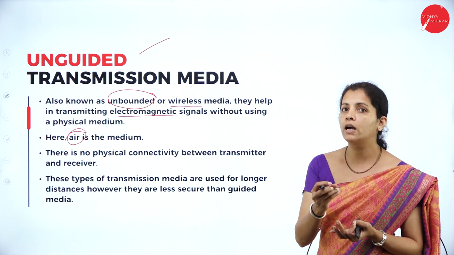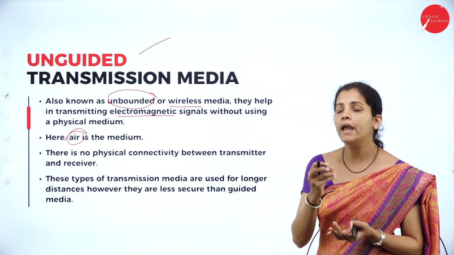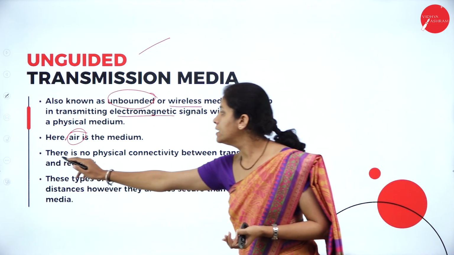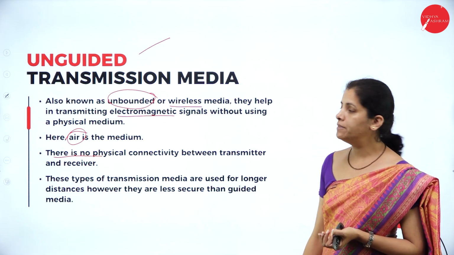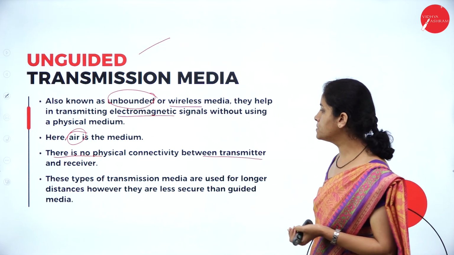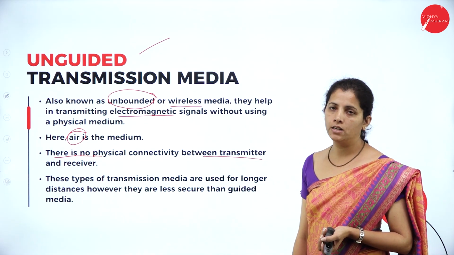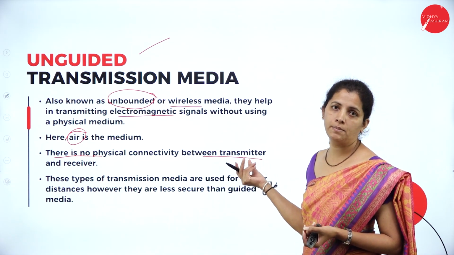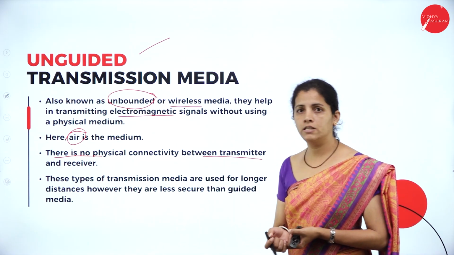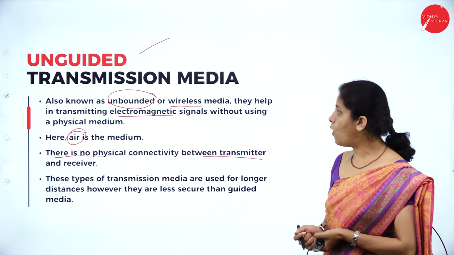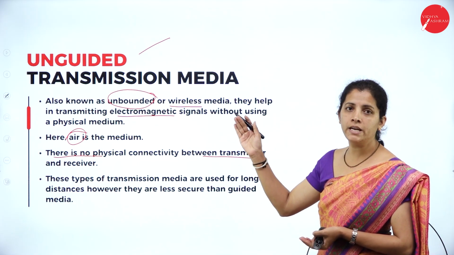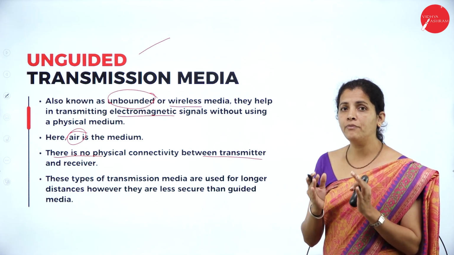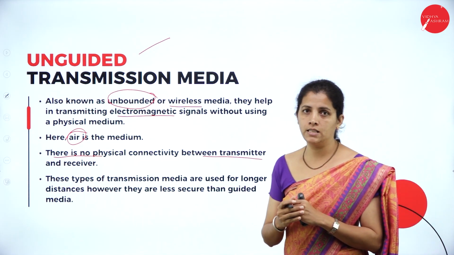And how am I going to connect? Only through the air. So, there is no physical connectivity between transmitter and receiver. Who is the transmitter? That's nothing but the sender and receiver. And this type of transmission media is applicable for longer distance.